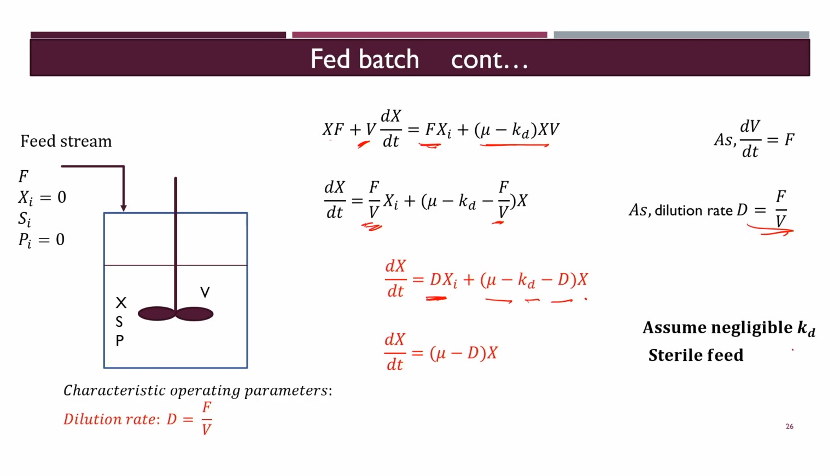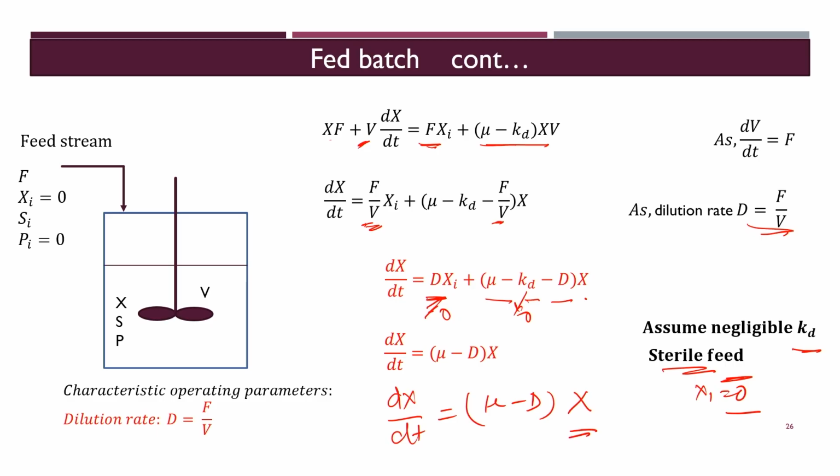Let us assume a negligible value of Kd. So, it becomes mu minus D into x, and further, if you are feeding sterile feed, it means xi equals 0. So, this term is 0, Kd is 0, and this becomes dx upon dt equals mu minus D into x.